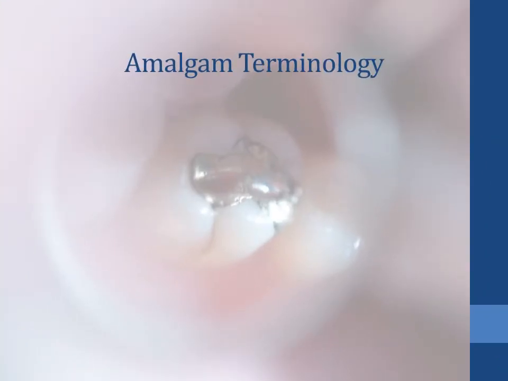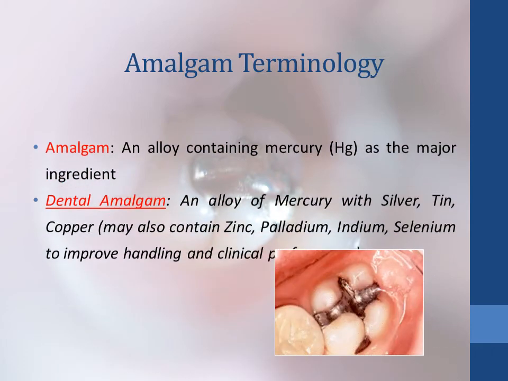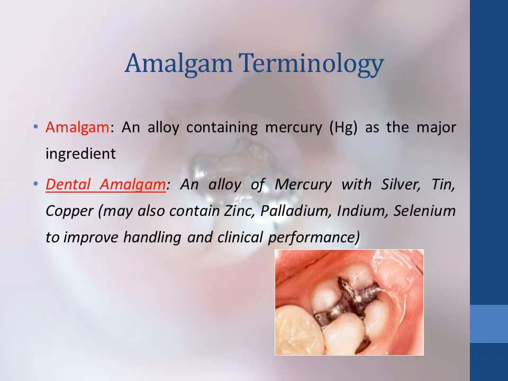So firstly, it's very important to understand what do we mean by amalgam. Amalgam basically means a mixture of two or more things. And in case of dental amalgam, it is an alloy of mercury with silver, tin, copper, and there also may be some zinc, palladium, indium, selenium to improve the handling and clinical properties.